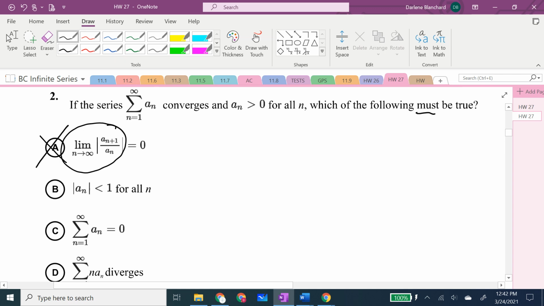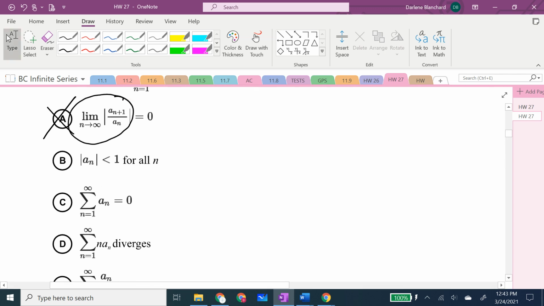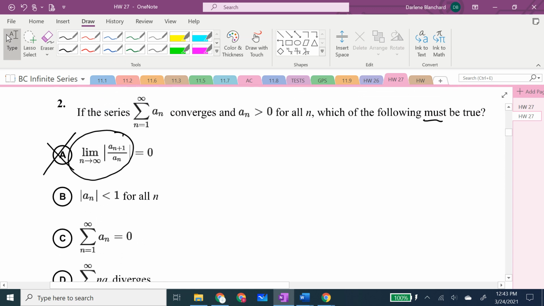Then the absolute value of the terms are less than 1 for all n. For all n, definitely for n being larger, I think that doesn't look good, but I'll hold off and come back to it. C says that this is equal to 0. Realize that's saying the actual infinite sum equals 0.